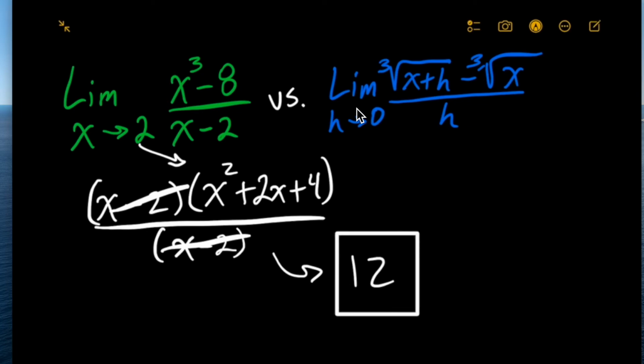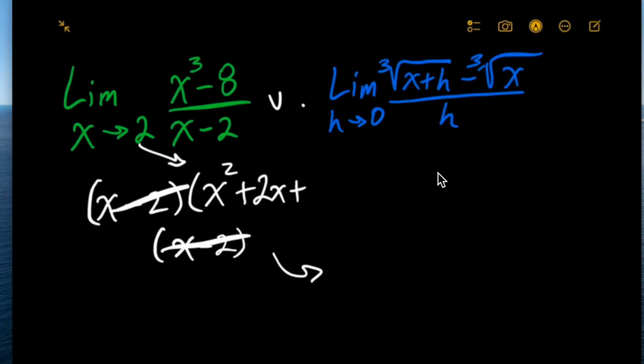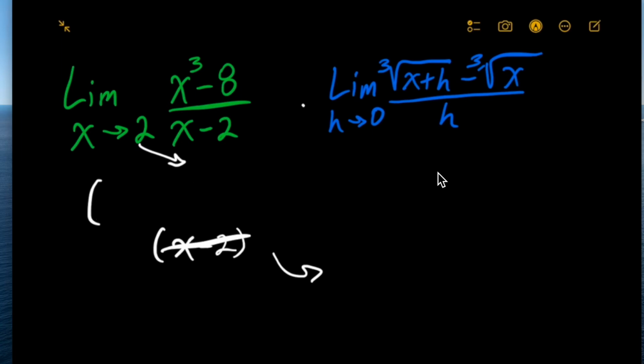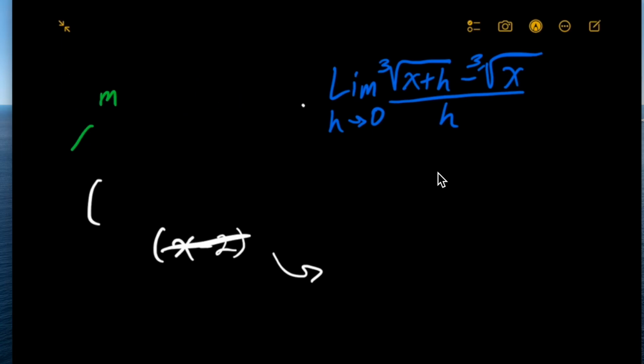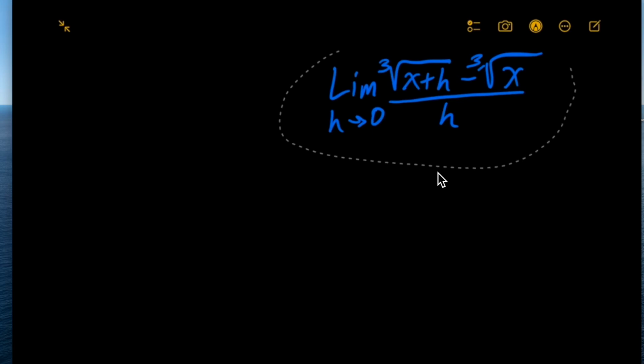Okay, can't do that here. Totally different problem. So let's talk about how we're going to handle this blue limit. The first thing that you want to notice is we are not dealing with perfect cubes, but the cube root is involved.